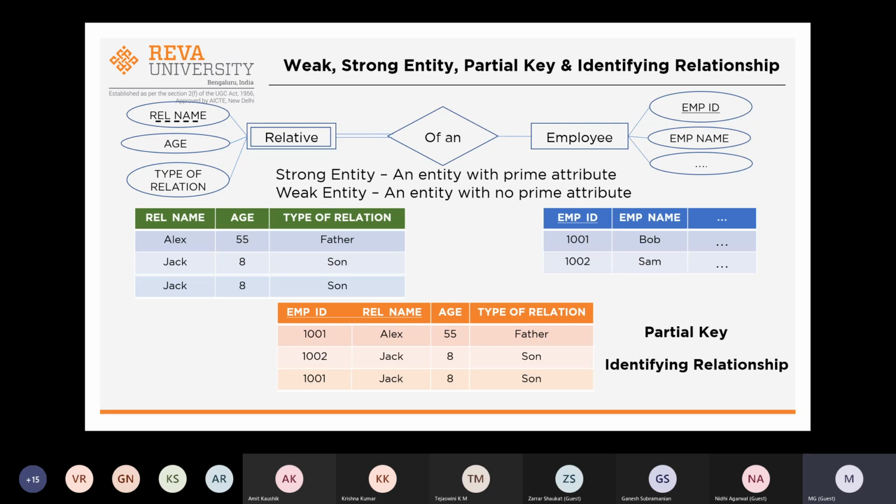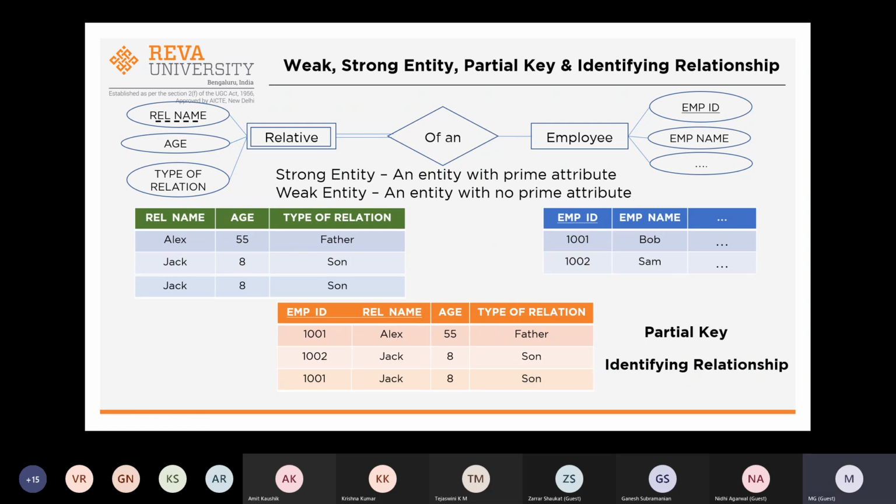So when you are trying to convert this ER model diagram, when you are trying to implement it as a table, it will definitely violate which constraint? Key constraint. You cannot have duplicate values. That key constraint gets violated. Correct? Hence, what we should do is create a table like this where employee ID and relative name together become your primary key.